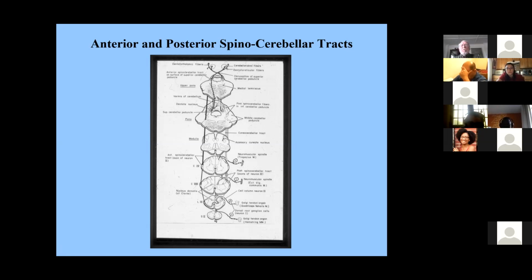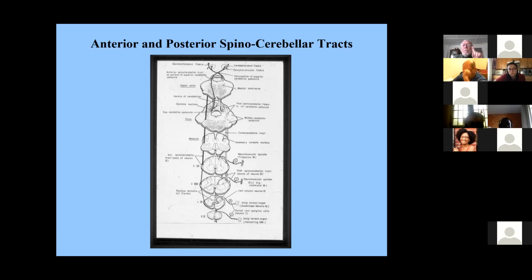The posterior spinocerebellar tract has a shorter trajectory, entering the cerebellum and the vermis basically through the inferior cerebellar peduncle. The anterior spinocerebellar tract crosses the anterior white commissure, then travels upwards into the superior cerebellar peduncle, where it decussates a second time, and then enters the cerebellum.